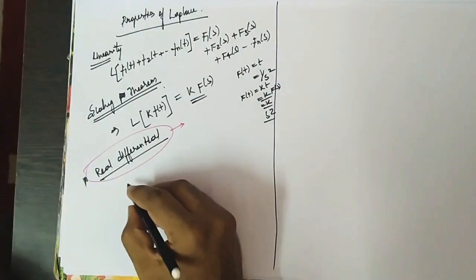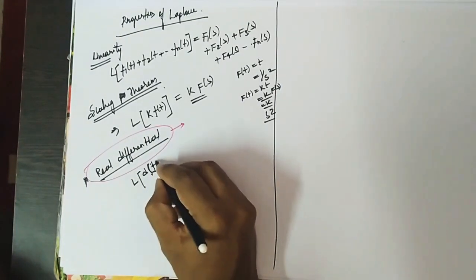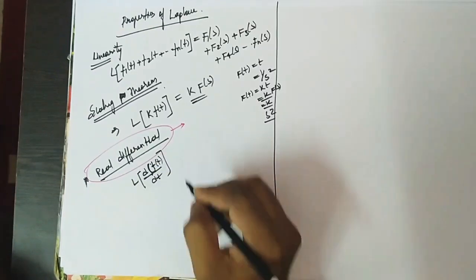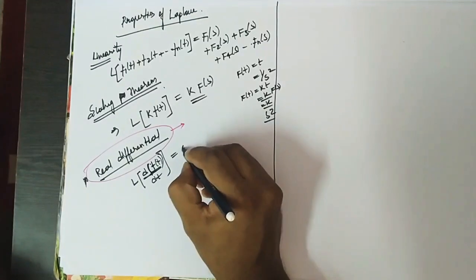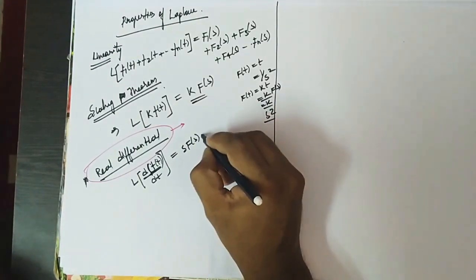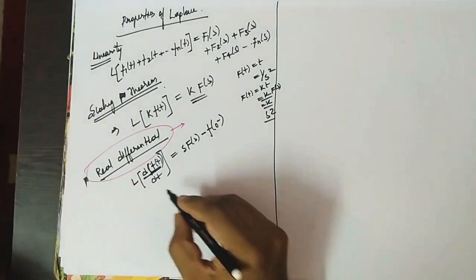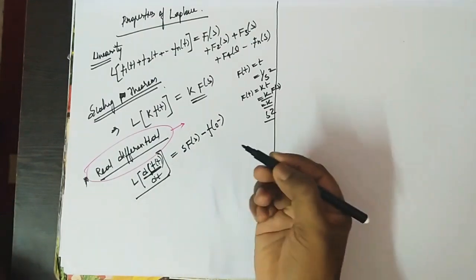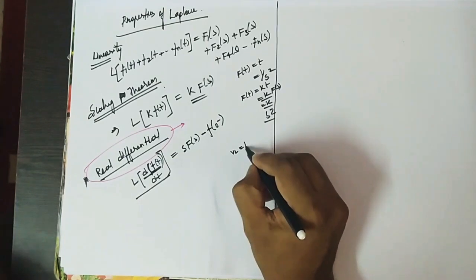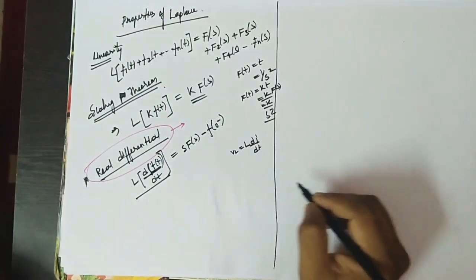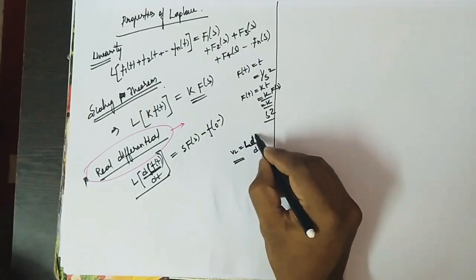So real differentiation means Laplace of differentiation of any function f of t, you will get s into F of s minus f of 0 minus. So if you observe carefully, differentiation of f of t means differentiation with respect to time. So we have VL equal to L di by dt. Voltage across inductor means we are writing VL equal to L di by dt.